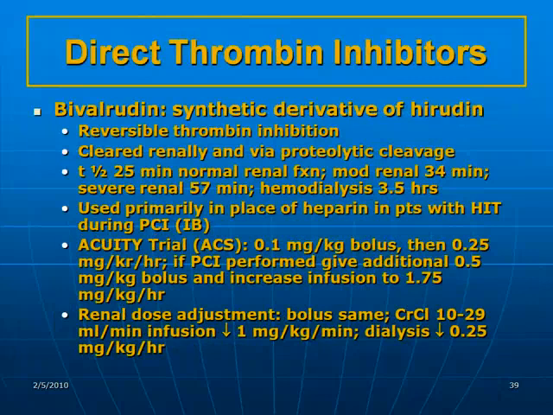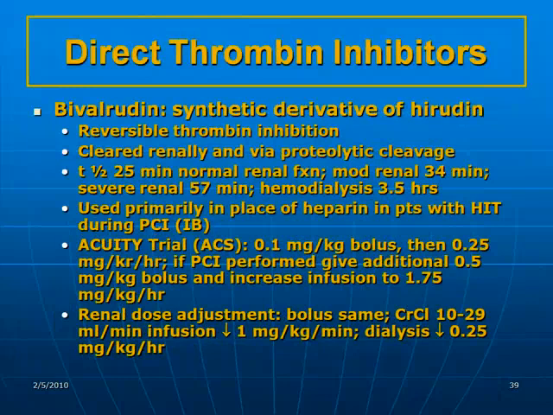Again, we do use this drug for patients who, 1, are at higher risk of bleeding during PCI, or 2, if the patient has a history of heparin-induced thrombocytopenia. So the dose that's been used in the Acuity trial, the dose is on slide 39. There is a renal adjustment dose for patients with creatinine clearances less than 30.